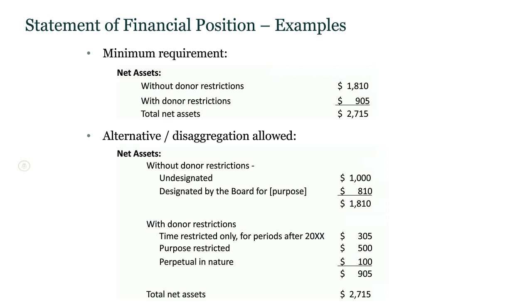However, the second example shows a further disaggregation within the two net asset classes, breaking out board-designated items within the without donor restriction category and the types of donor-restricted items in the with donor restriction category. Regardless of the presentation used, there is still a new requirement to disclose the amount, purpose, and type of board designation, which can be done on the face of the statement of financial position or in the notes to the financial statements, which I will show an example of soon.